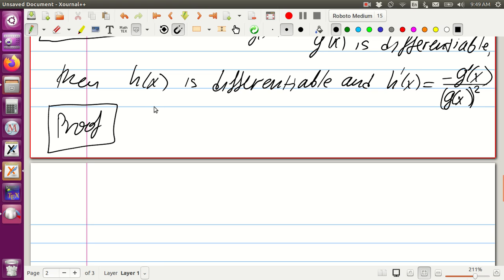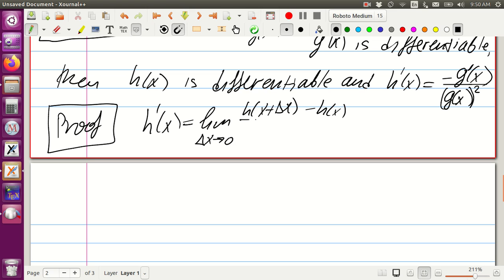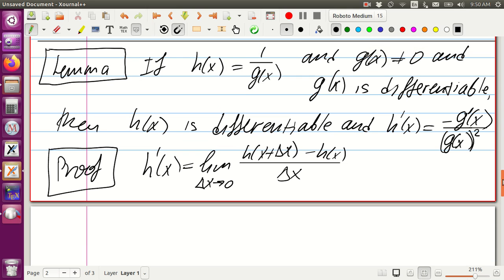The proof for this result is h prime of x is equal to the limit when delta x goes to 0, h of x plus delta x minus h of x divided by delta x. So what we need to do, we need to take x plus delta x and put it into our h function.